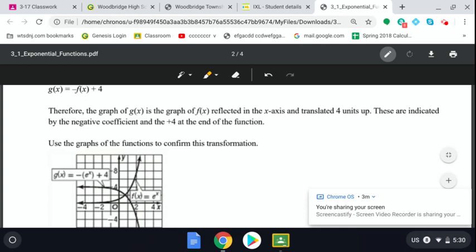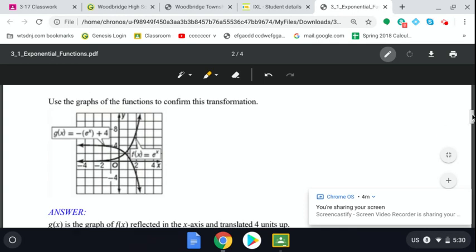And from there, you can pull out all the characteristics of the graph, which in this case would be the end behavior: as x approaches negative infinity, f of x would approach positive 4. As x approaches positive infinity, f of x would approach negative infinity.